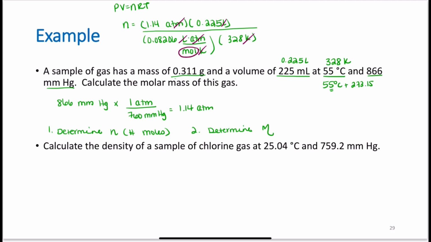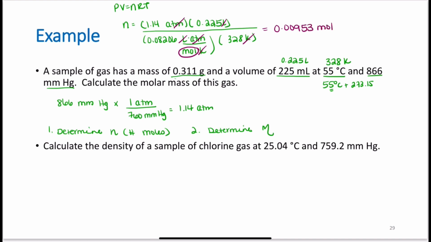Now the moles down here is the denominator of a denominator, which makes it the numerator. I don't actually have this answer written out, so one second. 1.14 times 0.225, divide by 0.08206, divide by 328. This gives me 0.00953 moles of sample.